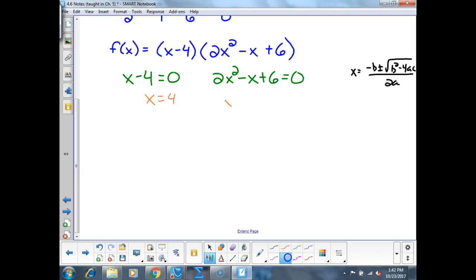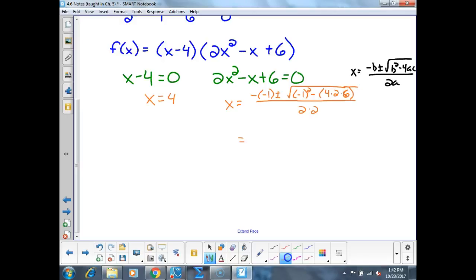So that's going to be x equals the opposite of negative 1 plus or minus the square root of negative 1 squared minus 4 times 2 times 6 all over 2 times 2.